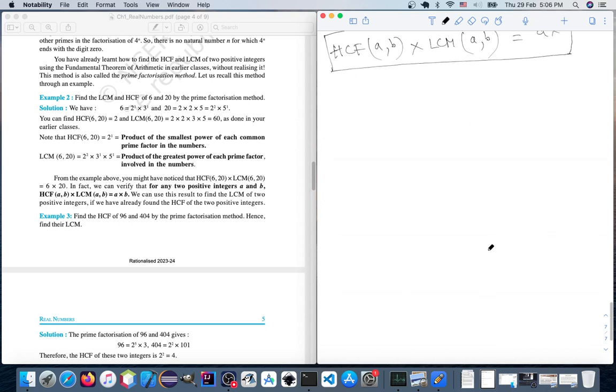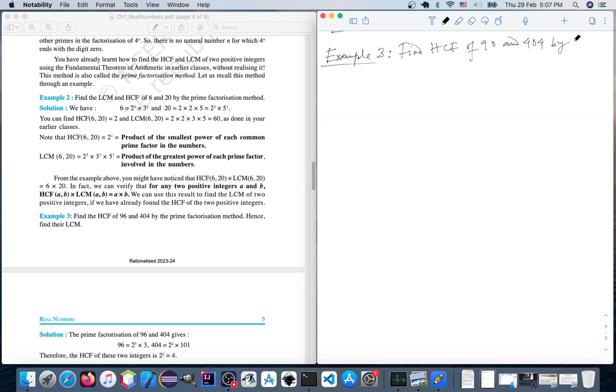Let's see example 3. It says find the HCF of 90 and 404 by prime factorization method, hence find their LCM.